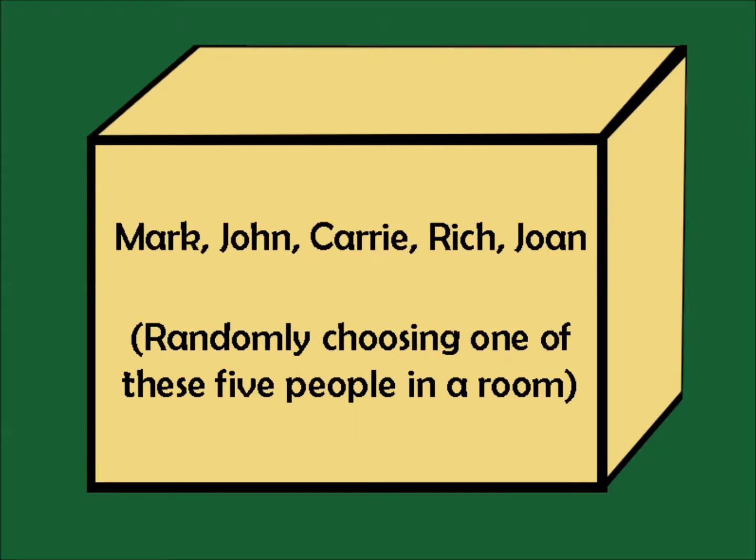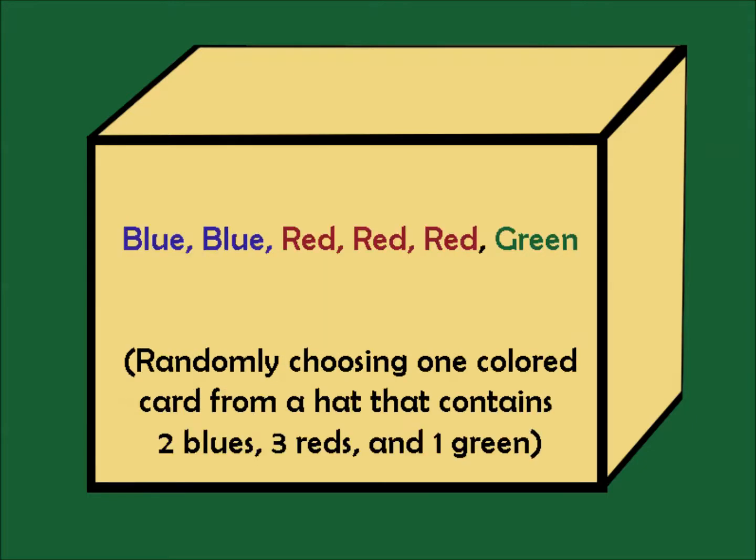If there were 5 people in a room named Mark, John, Carrie, Rich, and Joan, and you randomly chose one of those 5 people, then the box model would include all 5 names: Mark, John, Carrie, Rich, and Joan. If you were randomly choosing a colored card from a hat that contained a bunch of different colored cards, 2 blues, 3 reds, and 1 green, then you would list blue, blue, red, red, red, and green.